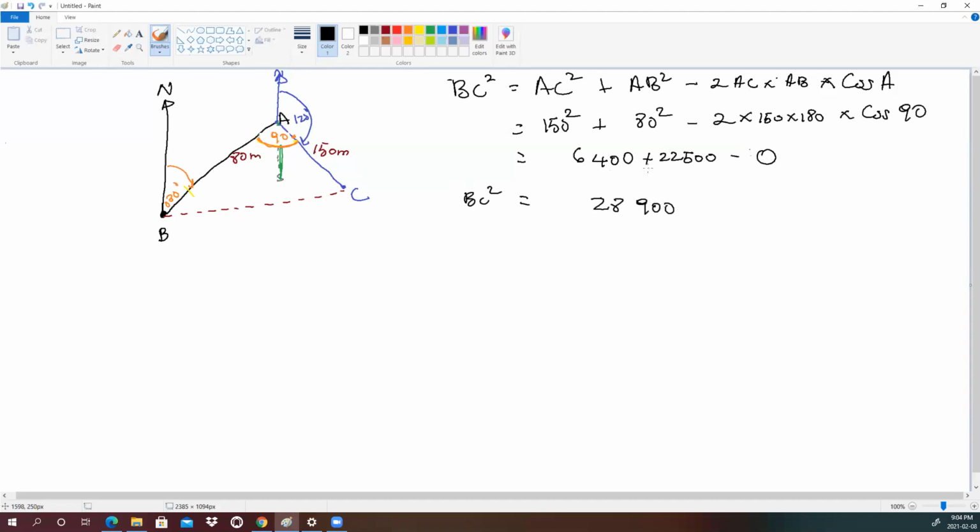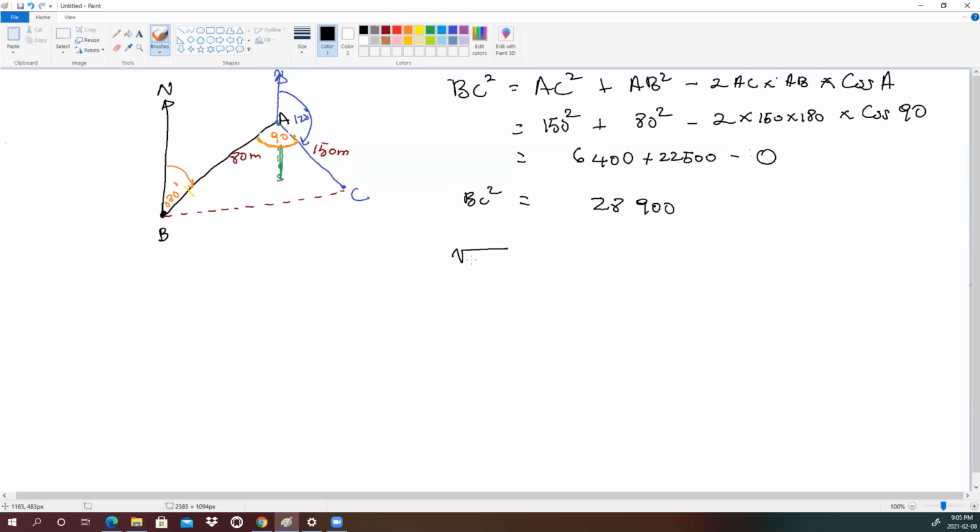You notice I have zero here, because cosine 90 is zero, and anything multiplied by zero gives you zero. So you're just going to have 28,900, which is just adding these two first parts right here.